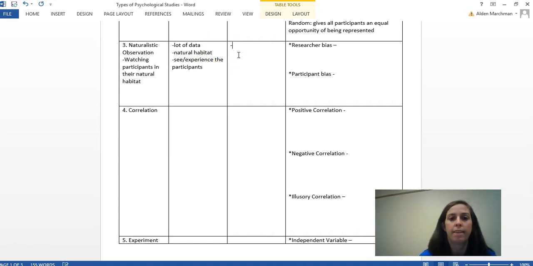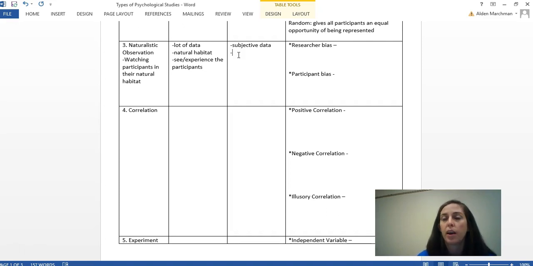Negatives. Let's say that Celia is sitting next to me. We're both watching and writing things down. Is she going to write different things than me? Yes, right? So I'm going to say it's subjective data. She could write totally different stuff than I did. It's not objective.